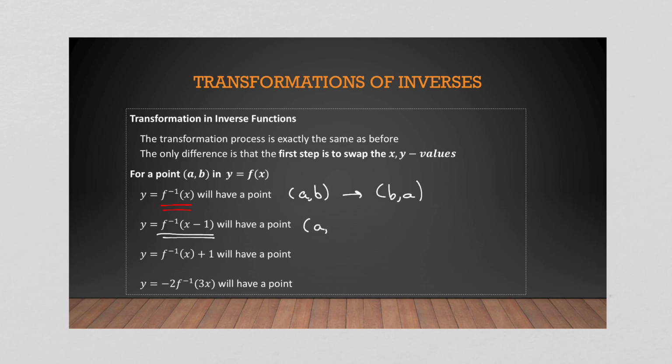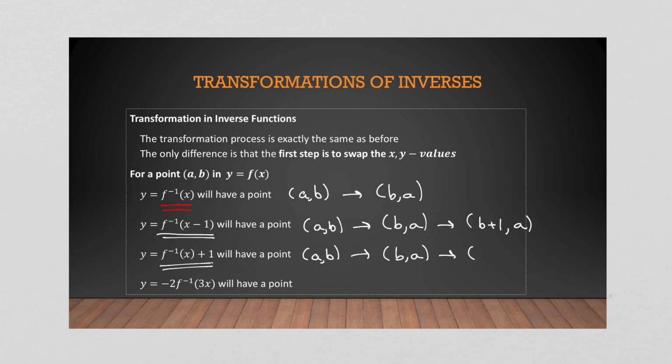So my point AB becomes BA, but then my x value, or in this case my b value, has been shifted 1 to the right. So b plus 1, a. So it's the same idea. We just do the inverse swap first. So AB becomes BA, but then I have a vertical shift, so I end up with a plus 1.